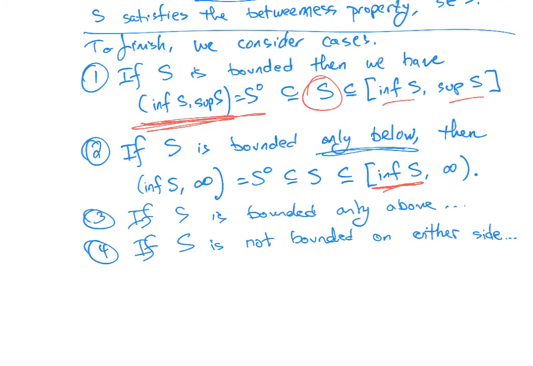S isn't bounded on either side, so S° is all real numbers because no real number is a bound for S. And then that forces S to be all real numbers. Okay. That's the end of the proof.